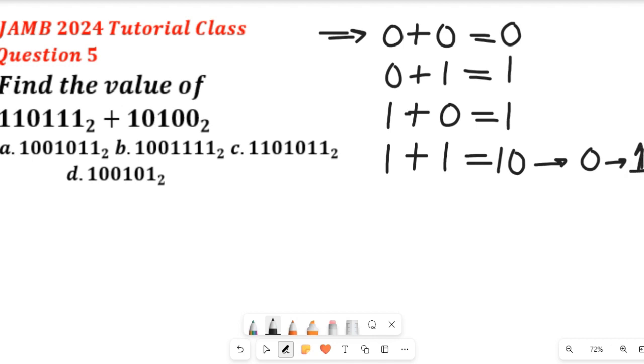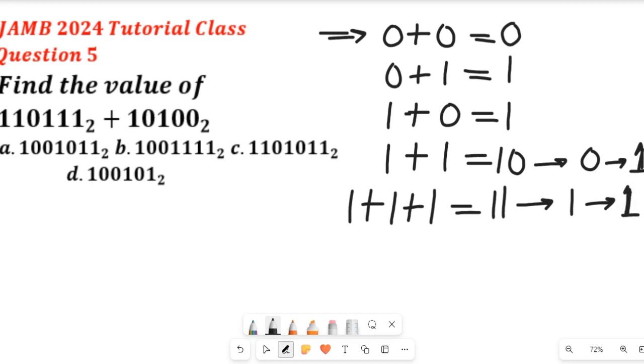Now, what if you are asked to add three binary numbers? In that situation, you can have 1 plus 1 plus 1, which will be equal to 11. So you write 1 and carry over 1 to the next column.